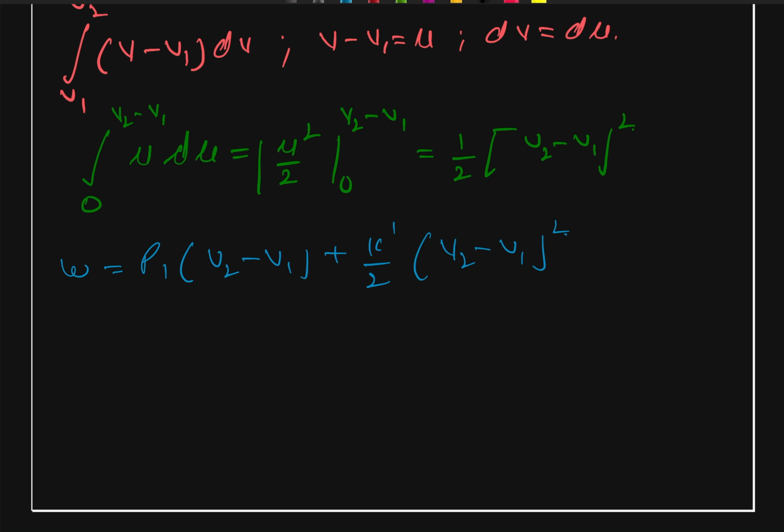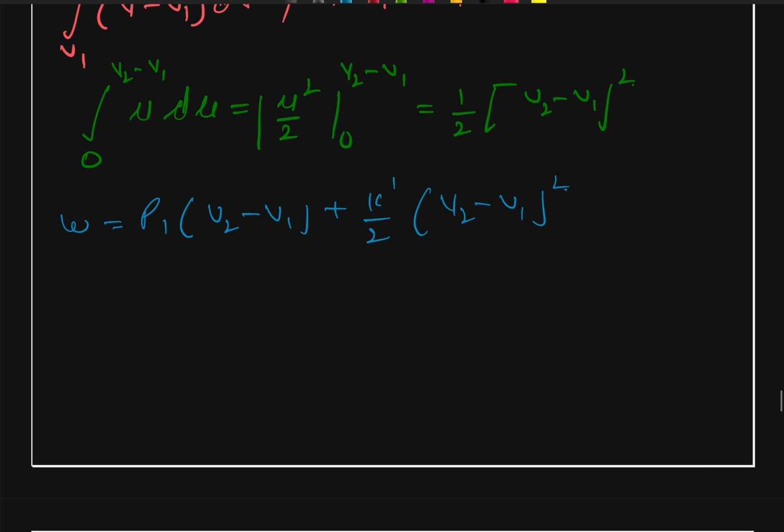We are given that V2 is equal to 3 times V1. So we substitute them.